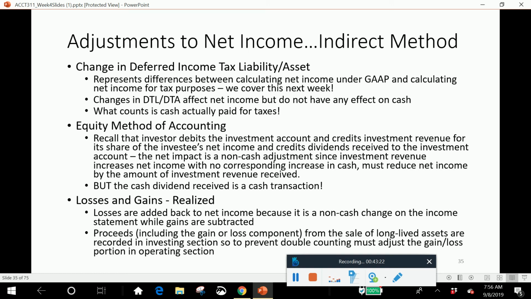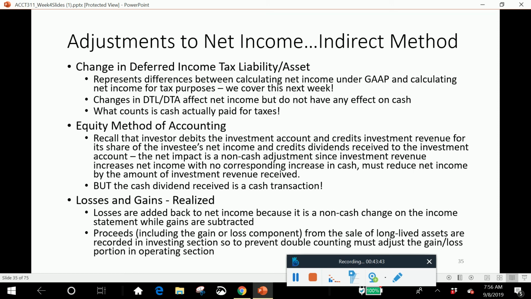Equity method of accounting. So we just covered this last week when we looked at investments. So if you remember, an investor debits the investment account and credits investment revenue for its share of the investee's net income and credits dividends received to the dividend account.